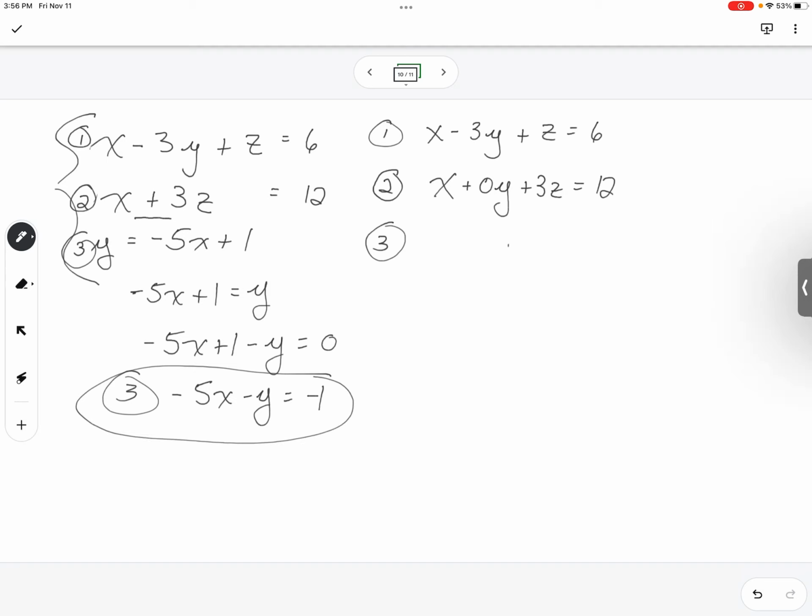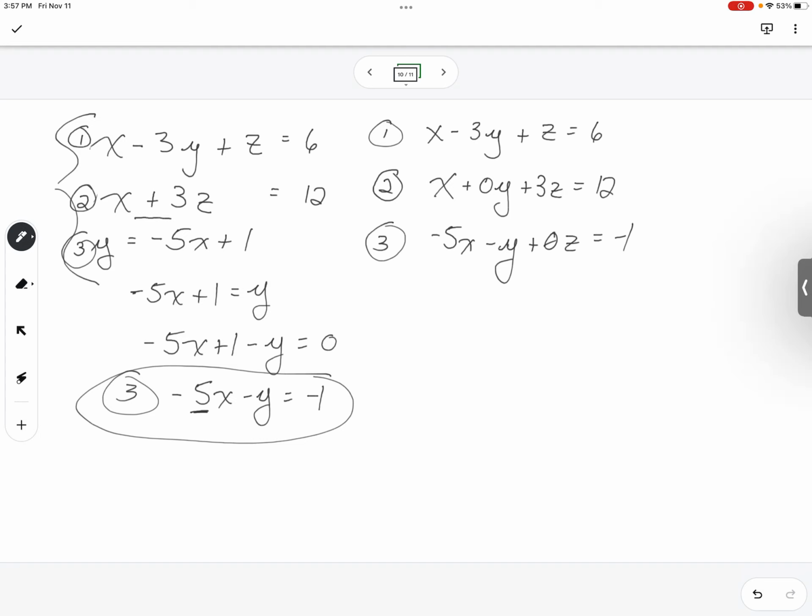Using this now, I'm going to transfer my coefficients. I'm going to transfer all the numbers and leave the variables behind. I'm going to rewrite my equation number 3 to show that there is 0 z. I don't have a z.